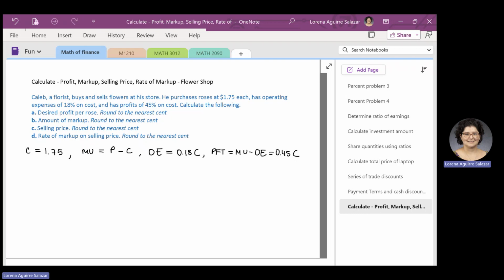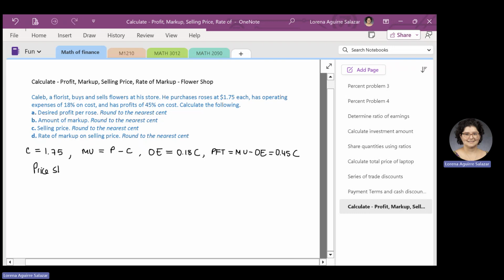Now, in examining the retail pricing strategy for a company, the various components that make up the retail price, like price, cost, markup, overhead expenses, and profit, on a per unit basis need to be analyzed. And to analyze those components, we like to use a table called the price structure table. So let's draw here a table called the price structure table.